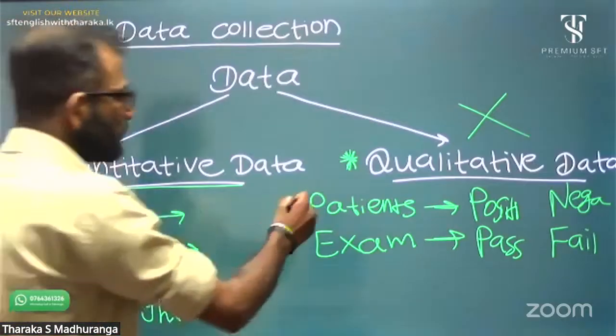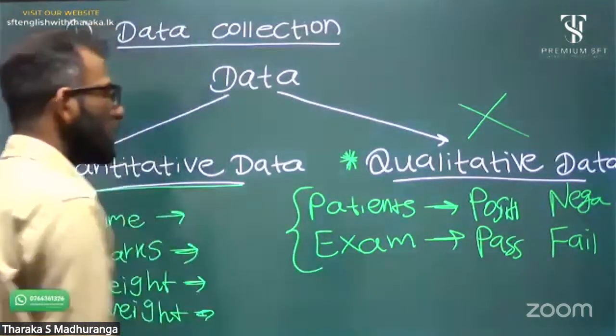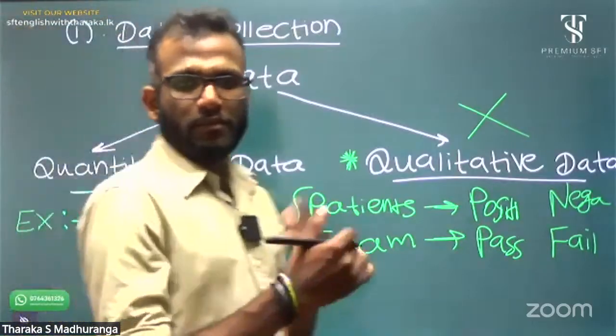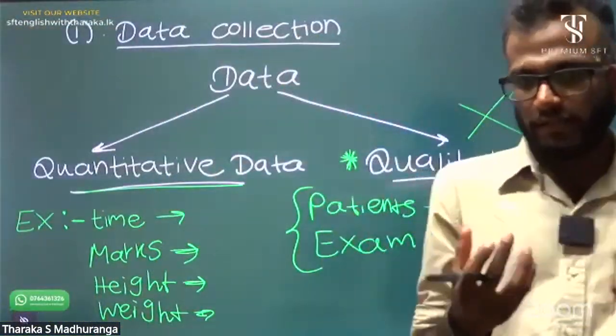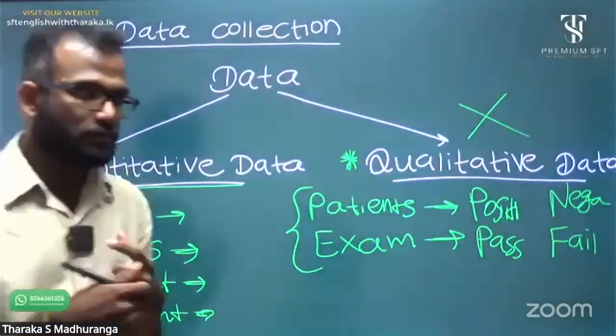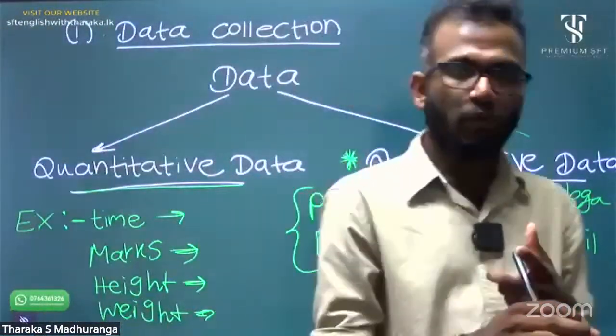Write down examples quickly. Collected as characteristics, without numerical numbers, is called qualitative data.